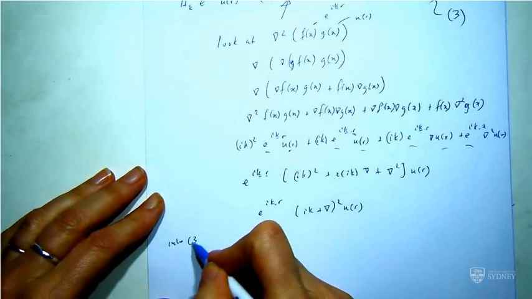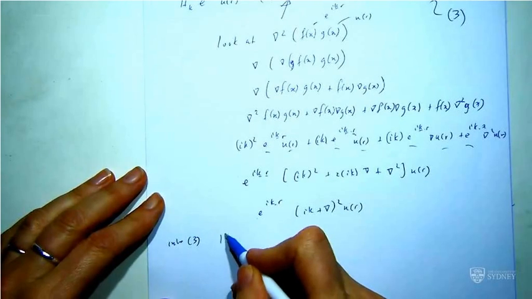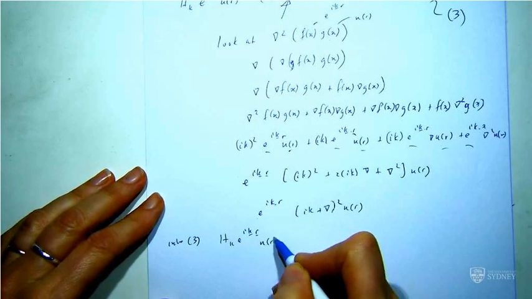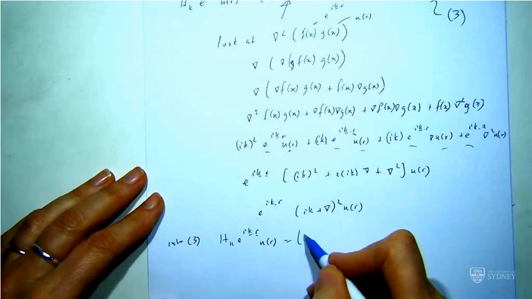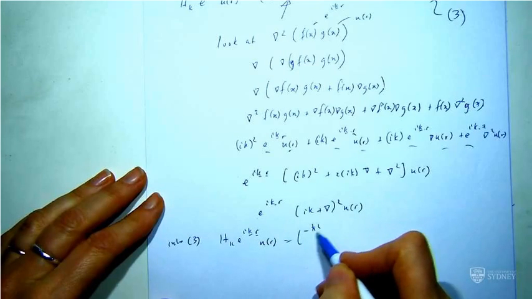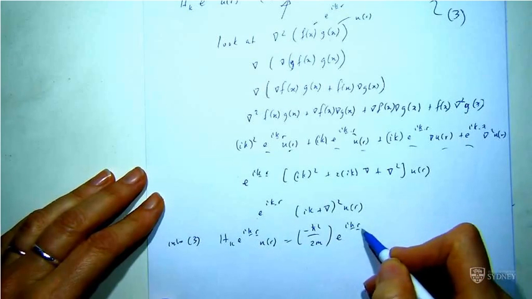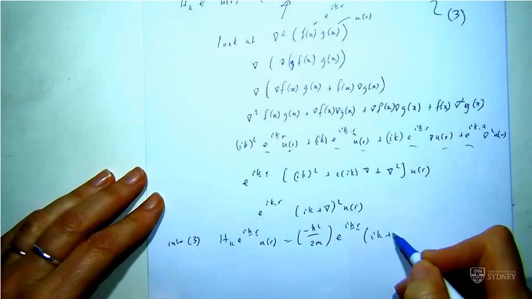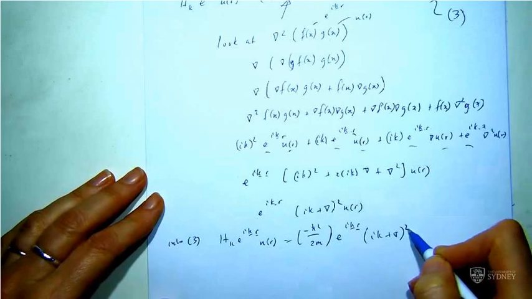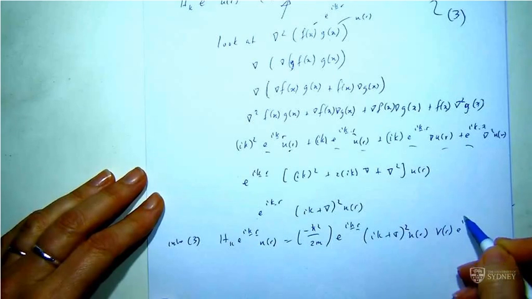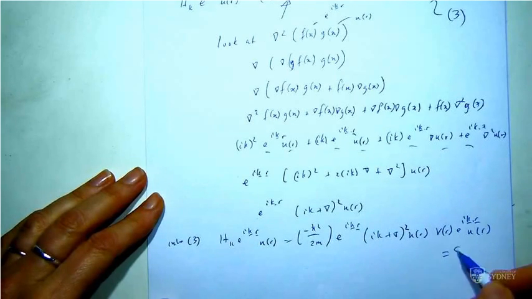So we end up with H of k e to the i k dot r u of r equals minus h bar squared on 2m e to the i k dot r, i k plus grad all squared u of r, plus V of r e to the i k dot r, and so on.